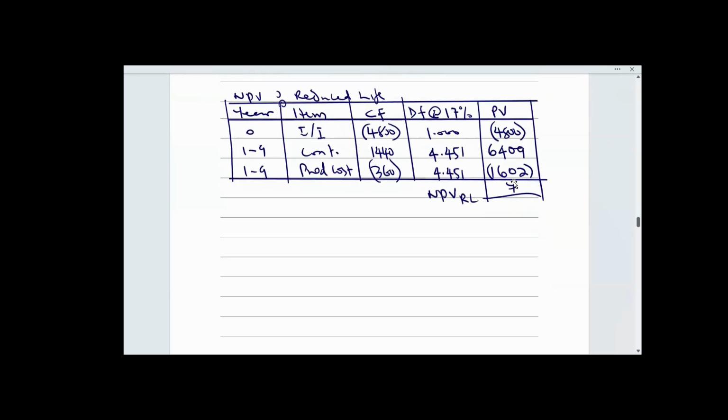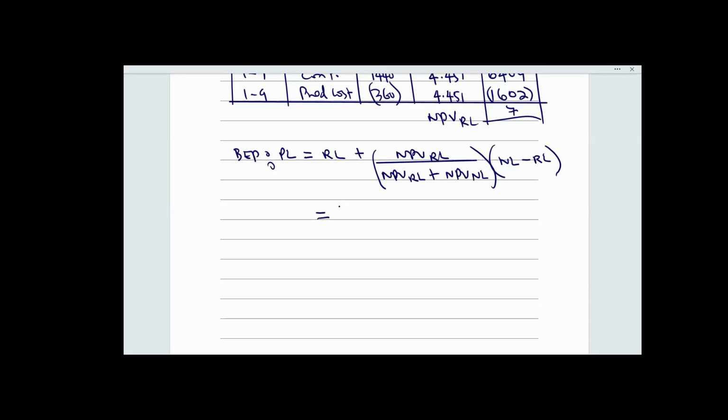Step 3 says we should then calculate the break-even point of product life. Break-even point of product life equals reduced life plus net present value of reduced life over net present value of reduced life plus net present value of normal life, multiplied by normal life minus reduced life.